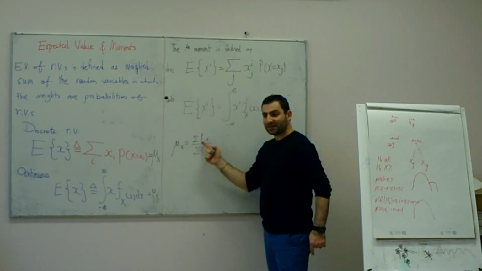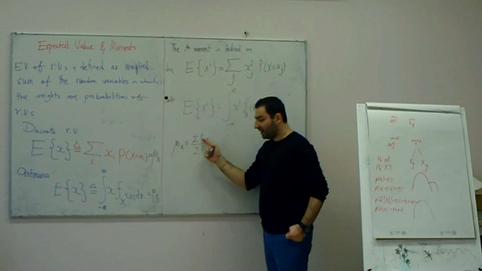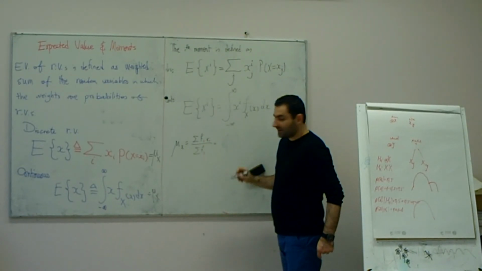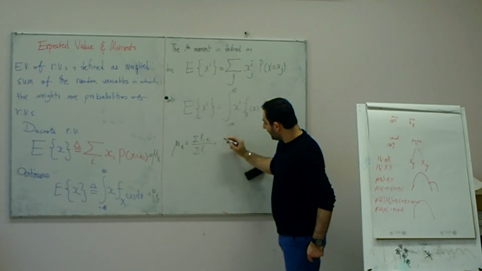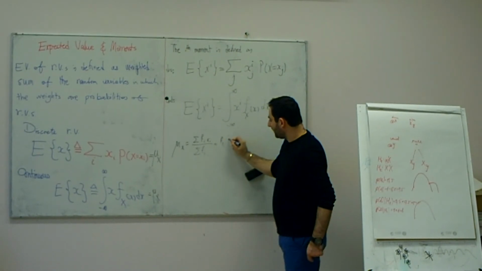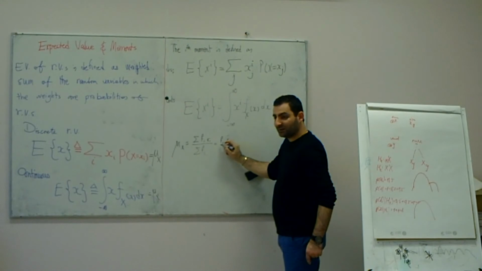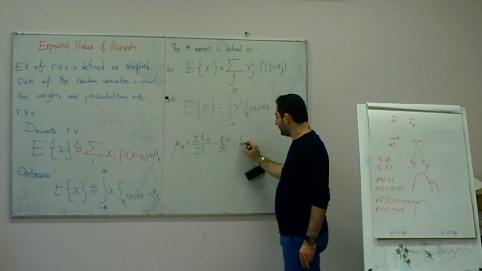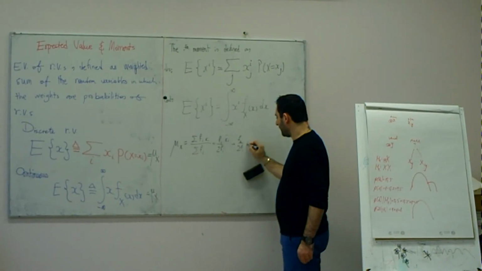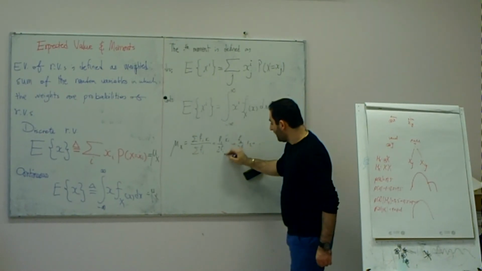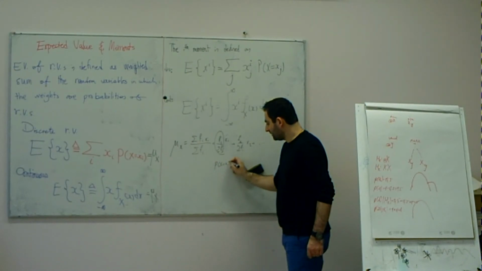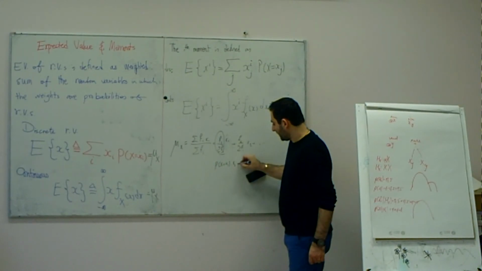How many x do we have? 5 of them. How many of that? We have hundreds of them. We know that I can write it as f1 x1 divided by the summation of fi, plus f2 divided by the summation of fi times x2, and so on. What is this one? The probability of x multiplied by x1, plus the rest.